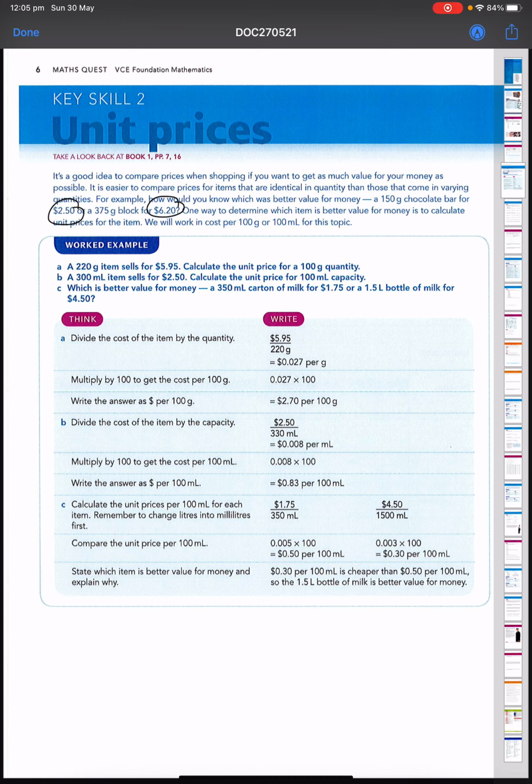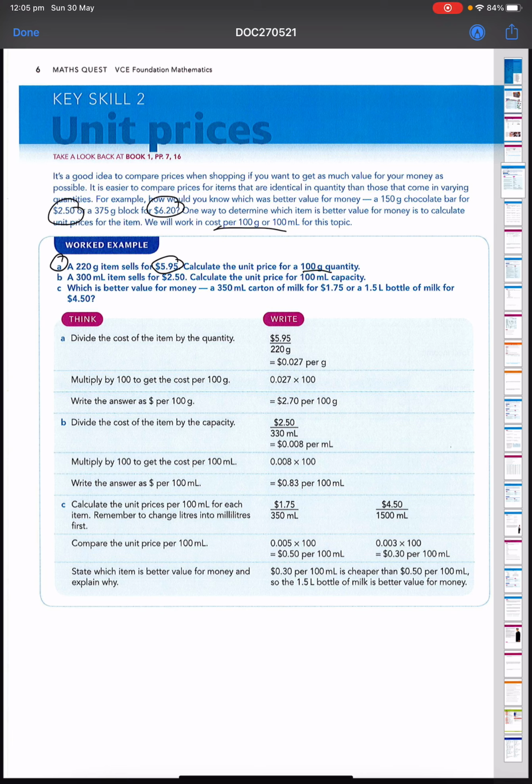Because they're different sizes, the cost is different, so we might have to look at the cost per 100 grams or 100 mils. As an example, in part A, a 220 gram item sells for $5.95. We want to calculate the unit price for 100 grams.